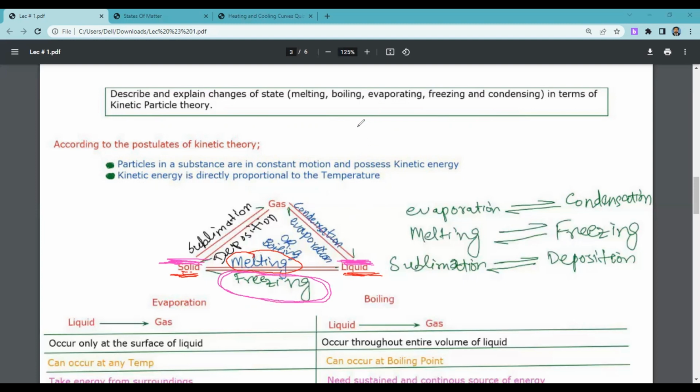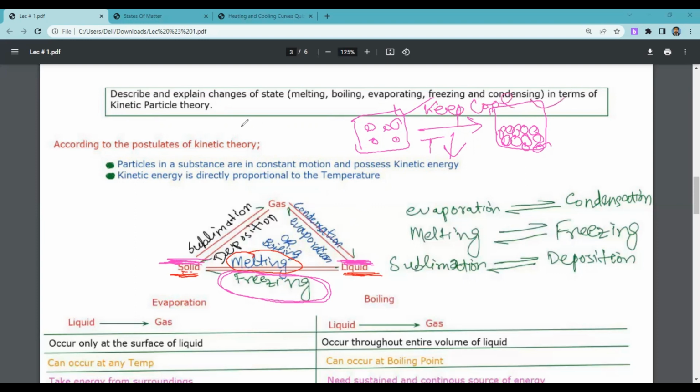How will a liquid convert into a solid? A liquid can be converted into a solid by decreasing temperature, by keeping the liquid in a cool place.